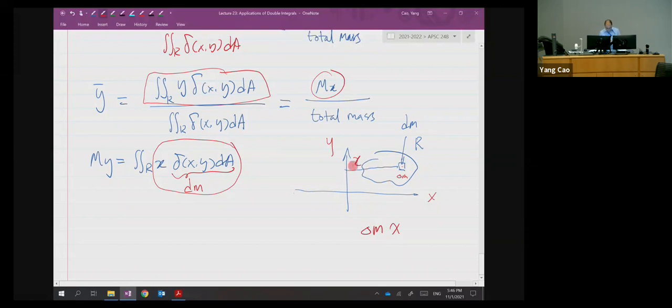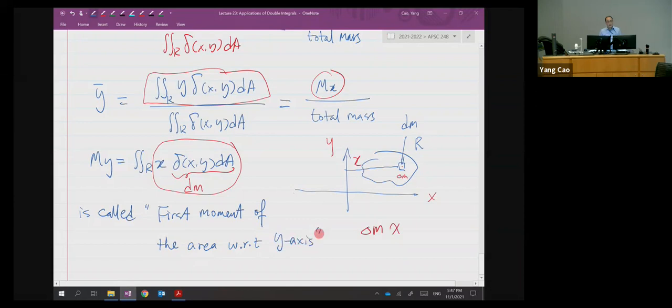So that's why this term, My, has a name associated with it. This is called the first moment of the area with respect to the y-axis.